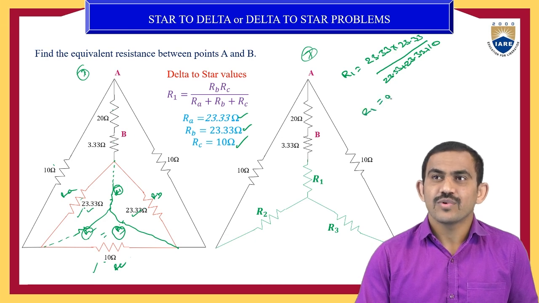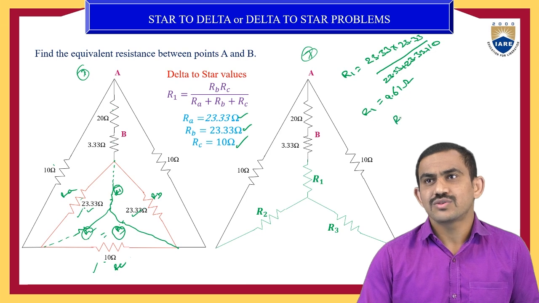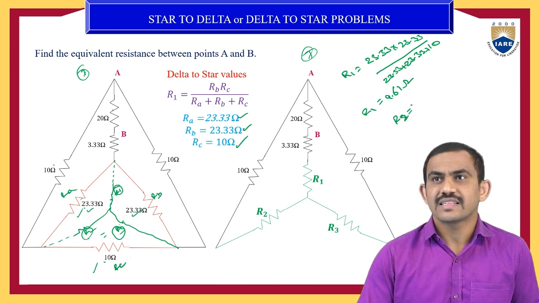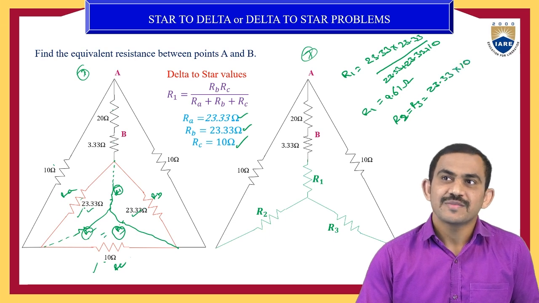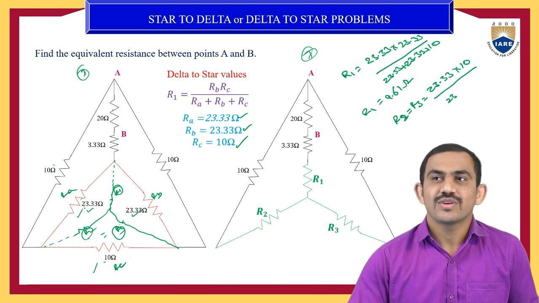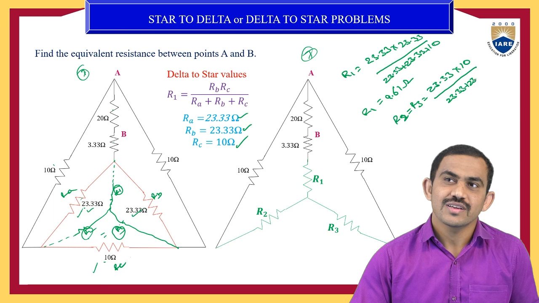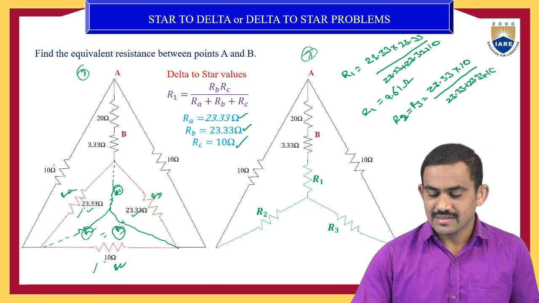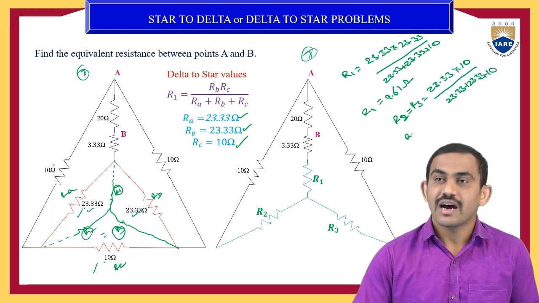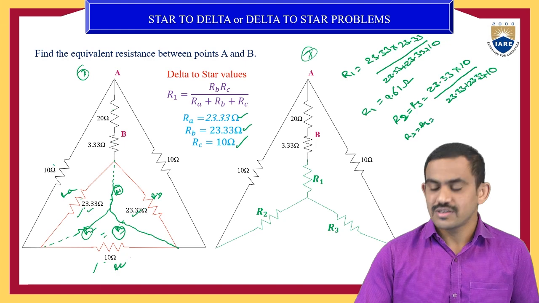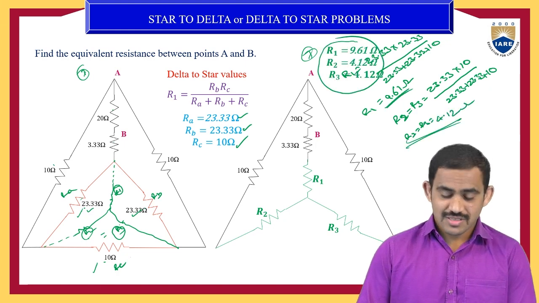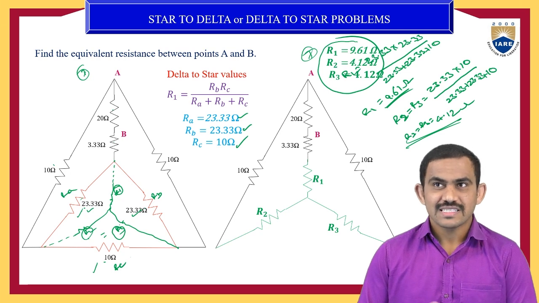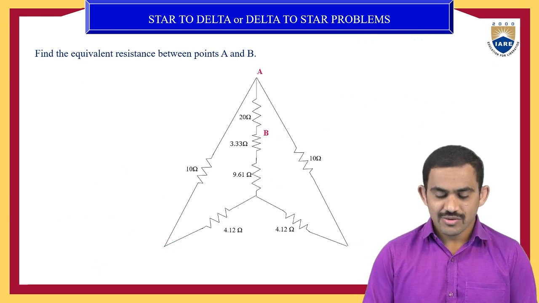We'll get 9.61 ohm. Same thing goes for R2 and R3. Then 23.33 into 10 by 23.33 plus 23.33 plus 10. So we'll get R2 equal to R3 equal to 4.12. So you have converted delta to star. Same 7 resistors. So this is now your main circuit.